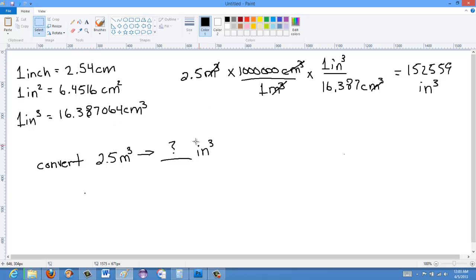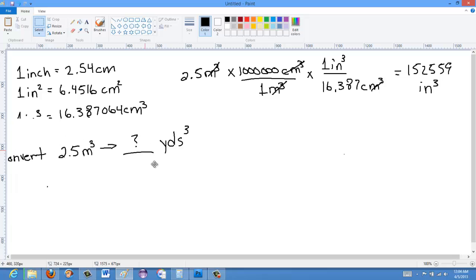Well, and then once again, what if it wasn't in inches cubed? What if it was in a different unit, like yards or something like that? So cubic yards. Well, in this case I just do the same thing. I'm just going to move this question into a more convenient location here.